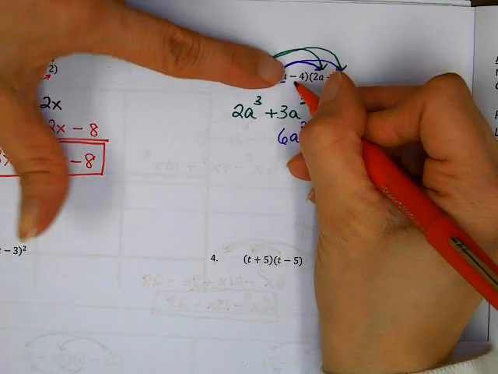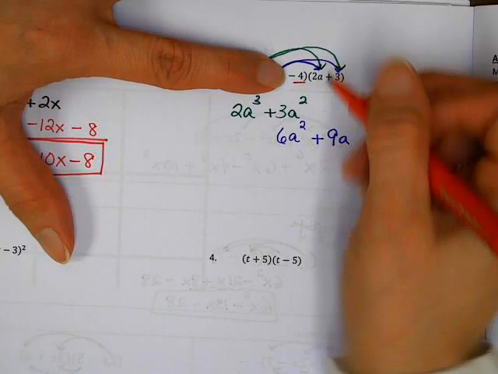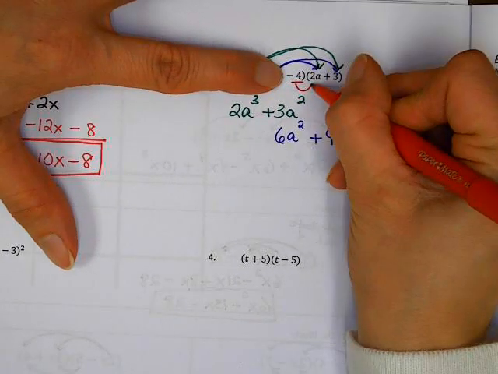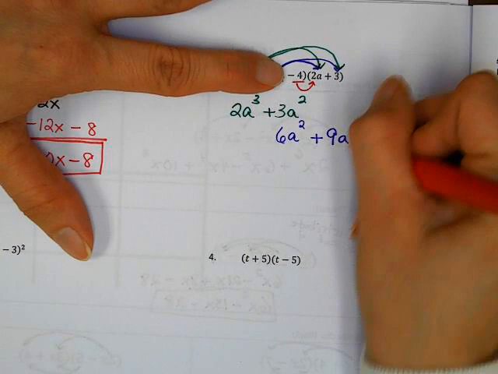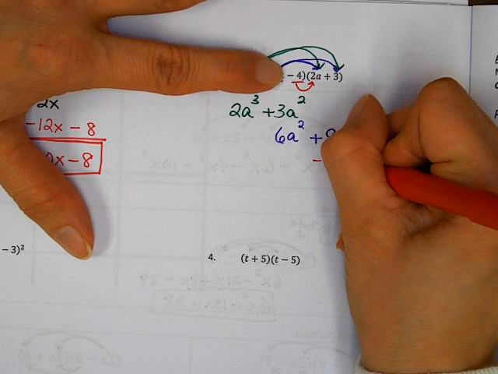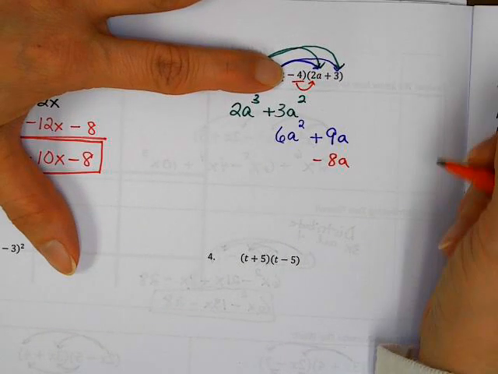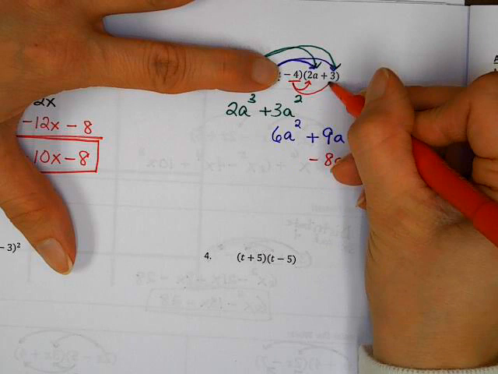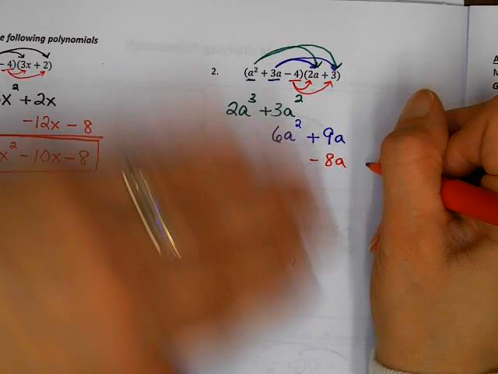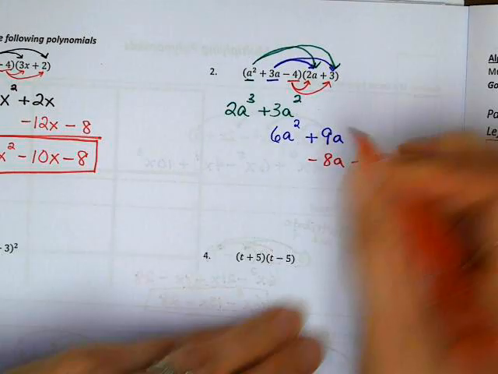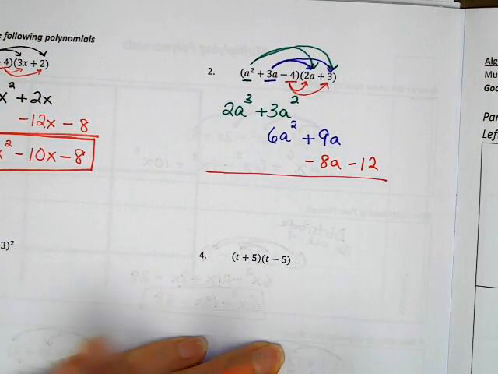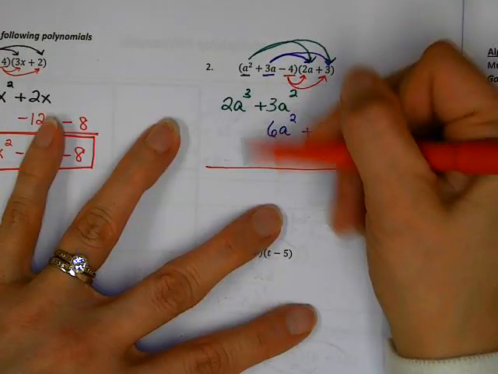I'm going to switch pens one more time, because those two are done. And now I just need to distribute the -4. -4 times +2a is -8a. Let's put it under the other a's. -4 times +3 is -12. So you see how when you have lots of terms, they're already lined up.